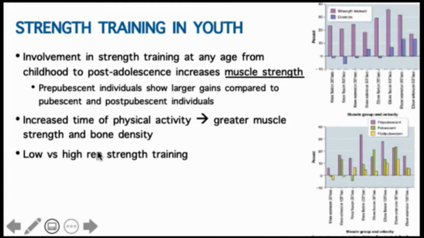High reps would definitely help with endurance because you are doing more muscular work over a longer period of time. Lower reps, higher weight is going to be more beneficial for gains in power, or the hypertrophy training concept where you're increasing power output overall instead of endurance. Both of these are going to increase your strength though. So if that's the goal in youth, then either one is beneficial.